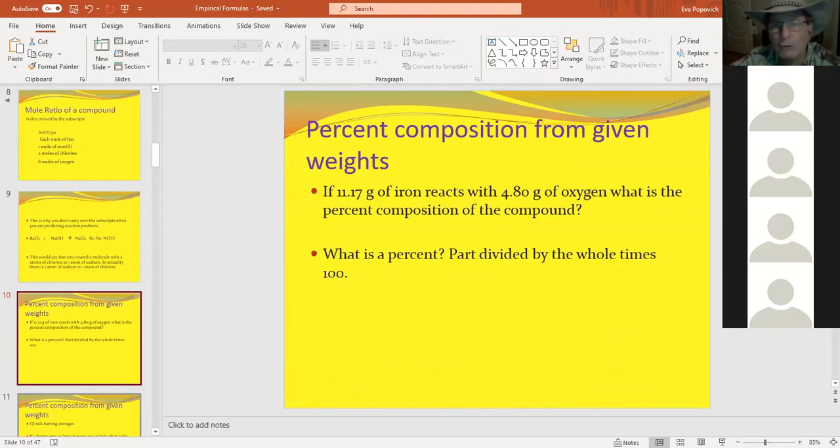Per 100. So basically what you are doing when you do a percent is you are taking the part, dividing it by the whole, then multiplying it by 100 over 100. Because when you divide the part by the whole, that's the amount of the parts in one of them. So you're multiplying the parts in one of them by 100 over 100. This way you get the parts per hundred. Does that make sense to you?